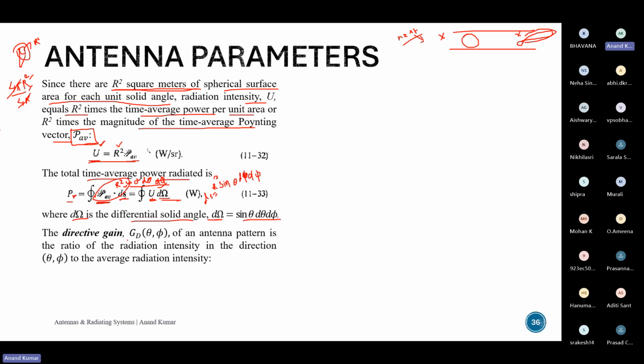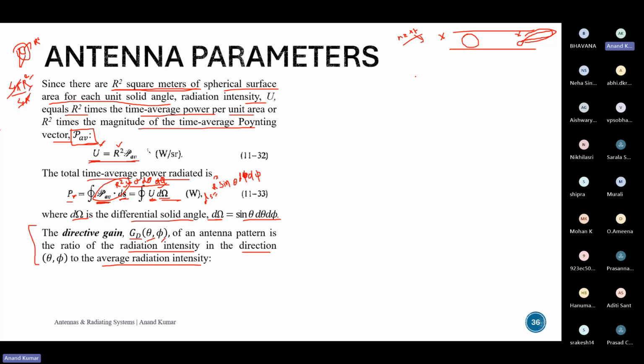The directive gain G_D, which is a function of theta and phi of an antenna pattern, is the ratio of the radiation intensity in that direction to the average radiation intensity.